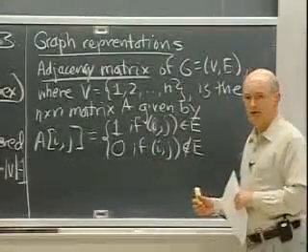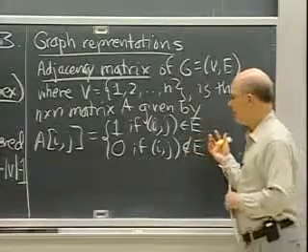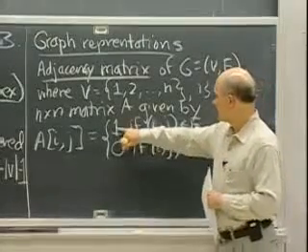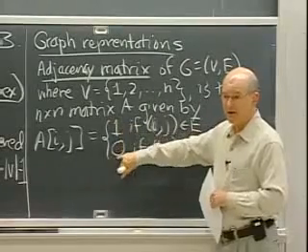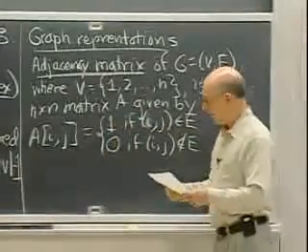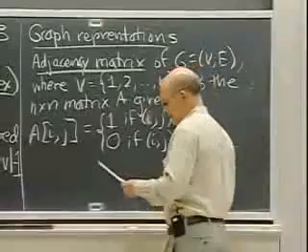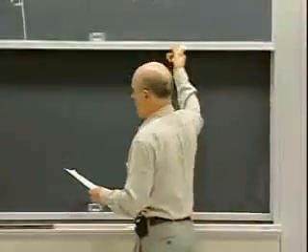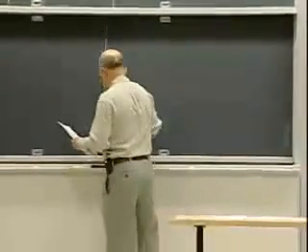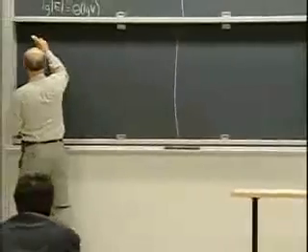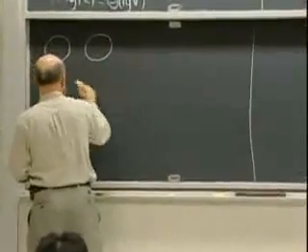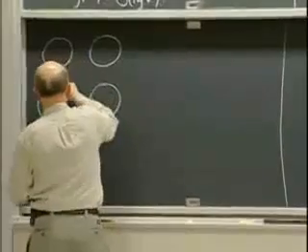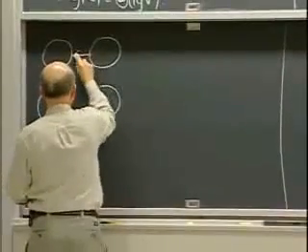Sometimes you have weighted graphs, edge-weighted graphs, and then sometimes people will replace this by edge weights. It'll be the weight of the edge from i to j. So let's just do an example of that, to make sure that our intuition corresponds to our mathematical definition.